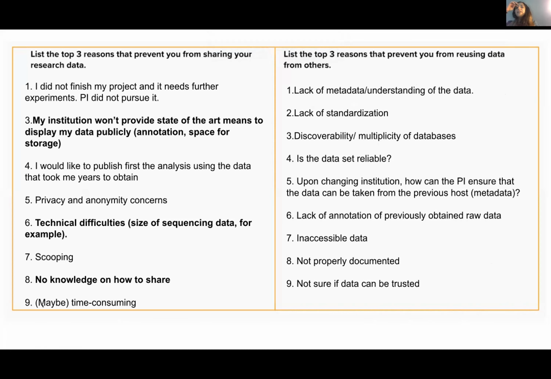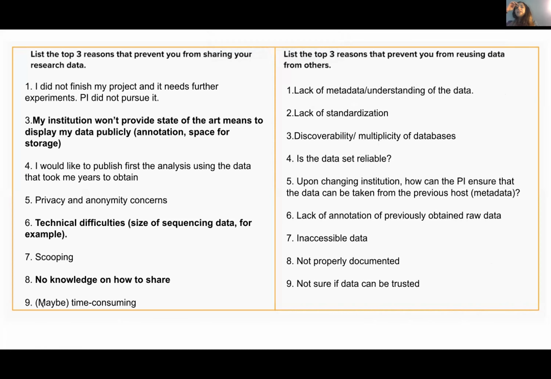data. And I see here two areas. So I think that one is more oriented towards how to share, technical difficulties on how to share, either because you won't have a way to store or display your data properly, or you have technical difficulties with the size of the data, or you don't know exactly how data should be shared.